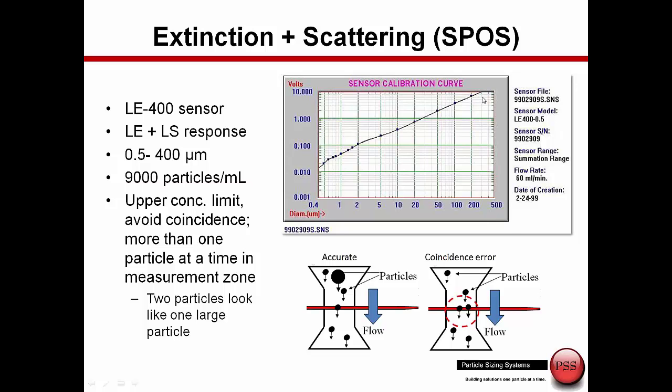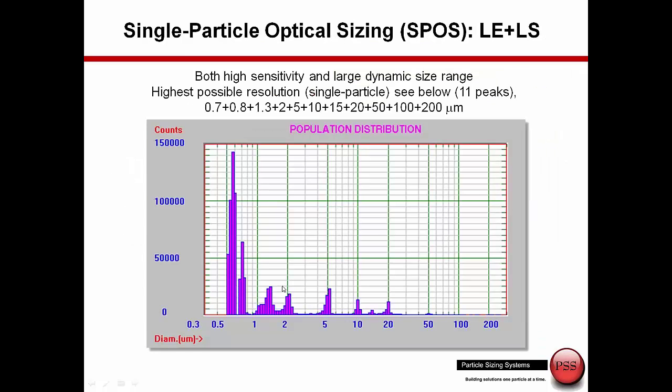Here you just see the extended calibration curve, which is a combination of light extinction and light scattering for the LE400 sensor. This combination of light extinction and light scattering combines high resolution and accuracy with a very broad dynamic range. This is actually a mixture of 11 different polystyrene latex standards going from 0.7 up to 200 microns.